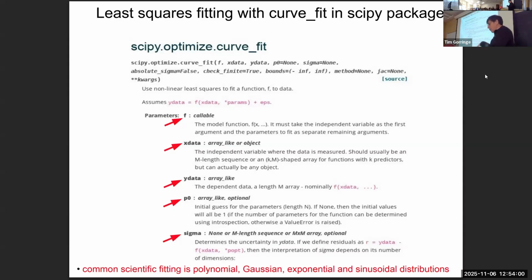Remember, these are now nonlinear fits, and we're going to use curve fit, and under the hood it will be using various descent methods, chi-squared descent methods like gradient descent or Newton descent, to find the minimum chi-squared and the best fit parameters.